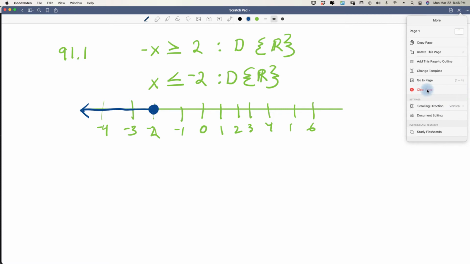Let's clear this. 91.2 asks to graph the solution for -x is less than or equal to 6. Ooh, that's a hardie. So what we have to do first is get x by itself.